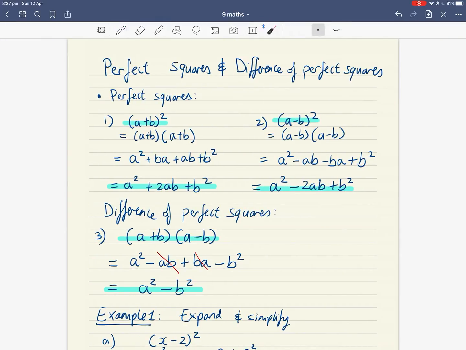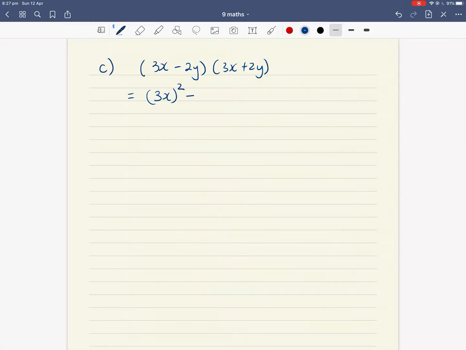And then it was a squared minus b squared. So it's subtract second thing, which is 2y all squared. Don't forget brackets because you're squaring everything. 3 squared is 9, x squared, minus 4y squared because 2 squared is 4.